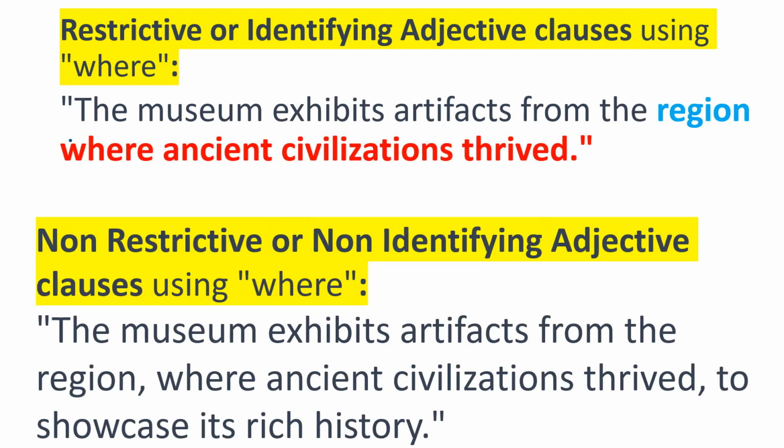This adjective clause is acting as a non-restrictive or non-identifying adjective clause in this sentence. The museum exhibits artifacts from the region, where ancient civilizations thrived, to showcase its rich history, because it's not essential to the meaning of the sentence.